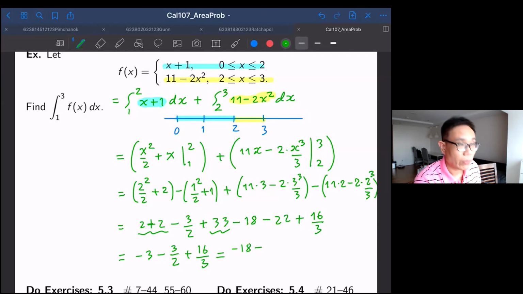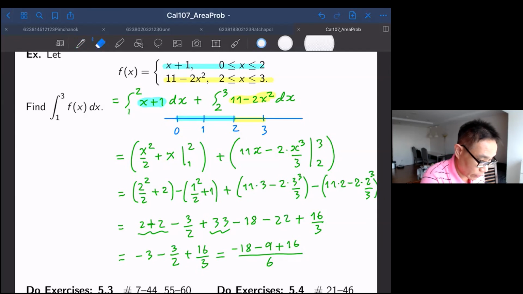You get minus 9 plus 16 over 6. So this one will be negative 18 minus 9 over 6. Not 16, sorry, it's going to be 32.